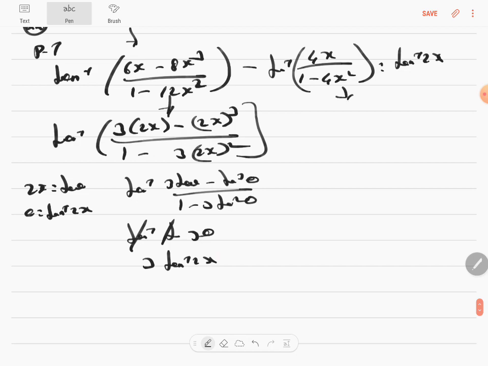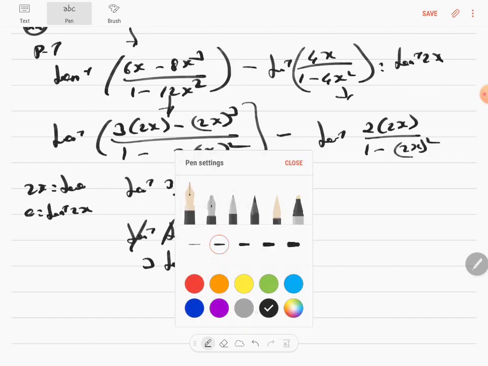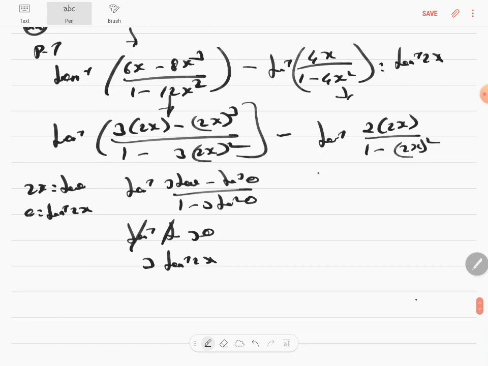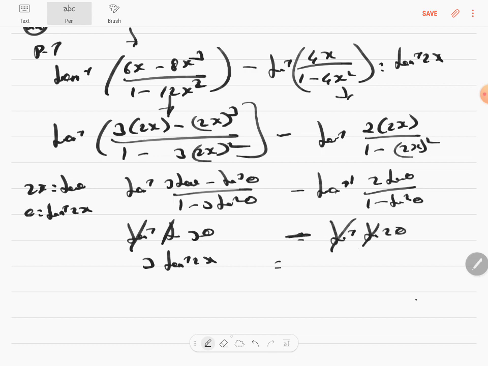Now let's sort this out. Minus tan⁻¹ of the 2 tan θ/(1 − tan²θ) format, where I have to split it like this. In this case I can assume 2x is again tan θ. Tan⁻¹(2tan θ/(1 − tan²θ)) is tan⁻¹(tan 2θ), so this is minus tan⁻¹(tan 2θ), which gives minus 2 times θ, and θ is again tan⁻¹(2x).